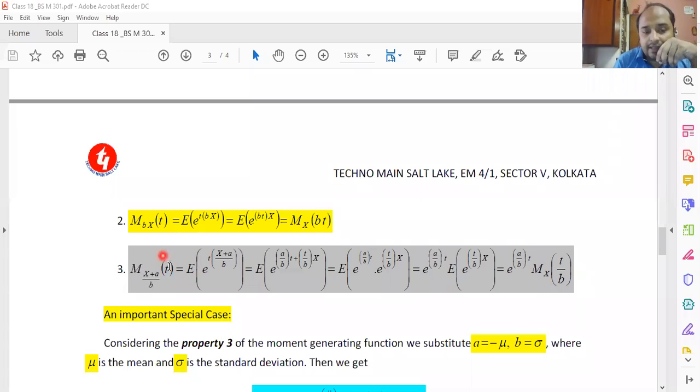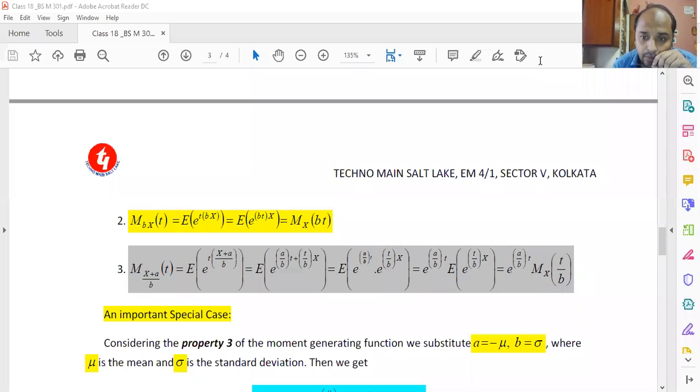And when I'm doing this, what am I doing over here? I am writing the definition in terms of the variable (X plus a) by b. So M of (X plus a) by b at t becomes expectation of e to the power t multiplied by this variable (X plus a) by b. I am breaking it into 2 parts, a by b into t and t by b into capital X. Now the exponent is breaking into 2 halves, e to the power a by b into t, e to the power t by b into capital X, okay?